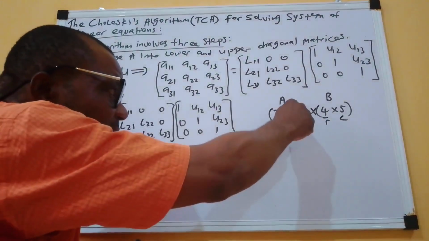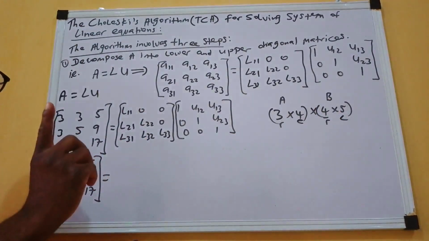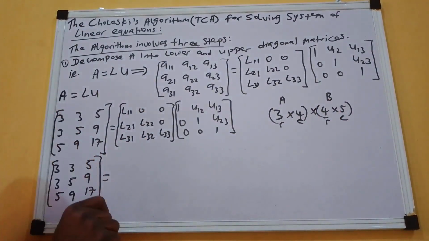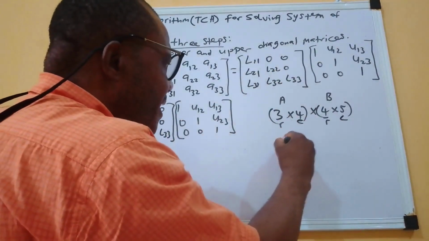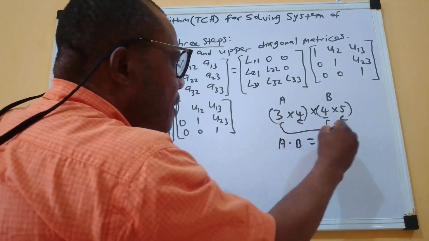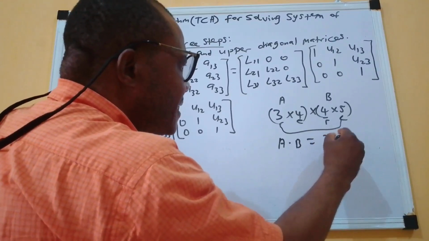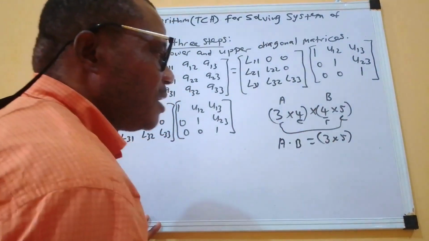The number of columns here is 4, the number of rows here is 4. So the two matrices A and B are compatible for multiplication. Now, if you multiply A dot B, you are going to have a 3 by 5 matrix. That's what you are going to get.